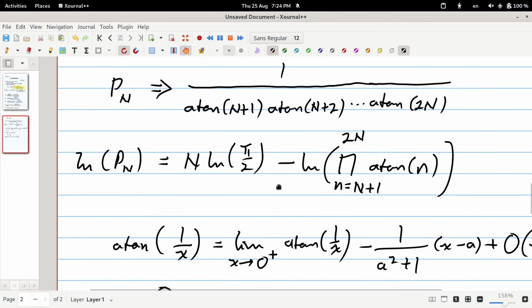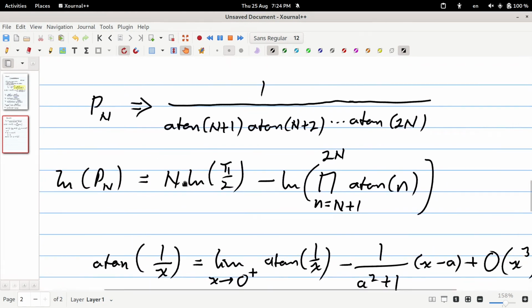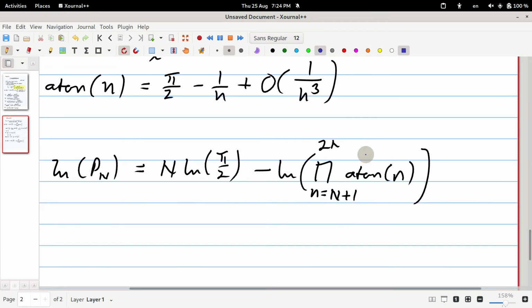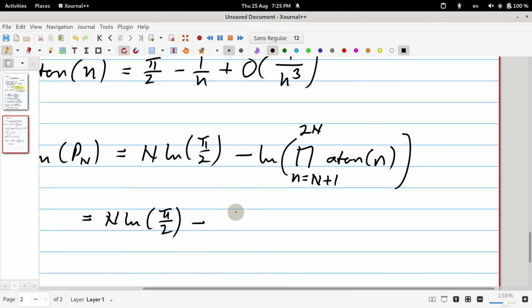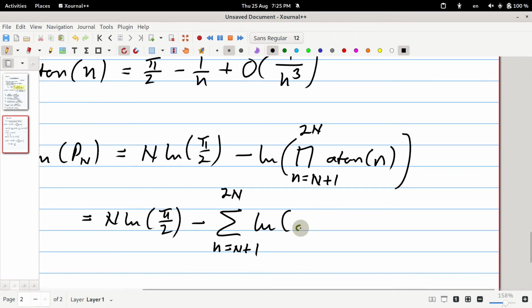Oh yeah, I forgot. This thing has not yet become a series. You might notice that this is a bunch of repeated multiplication inside of the natural logarithm. Since we have this negative sign in front, when we decompose this it's all going to be minus the sum from n equals n plus 1 up until 2n of the natural log of arctan of n.